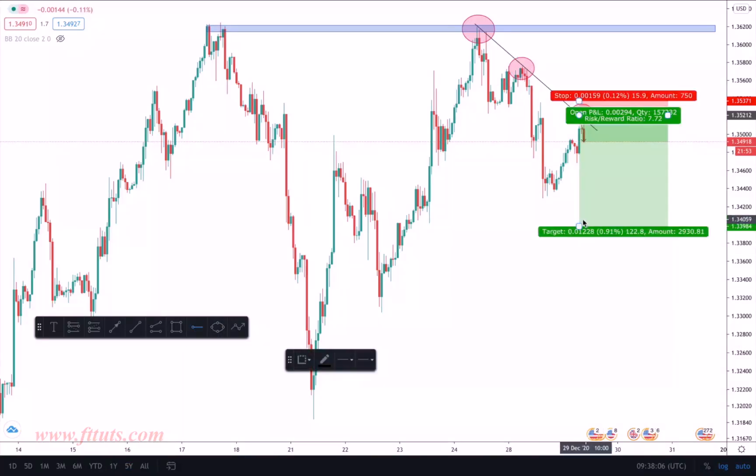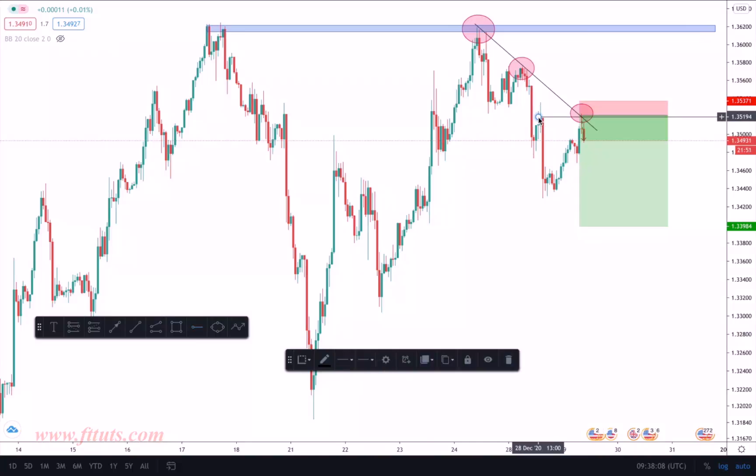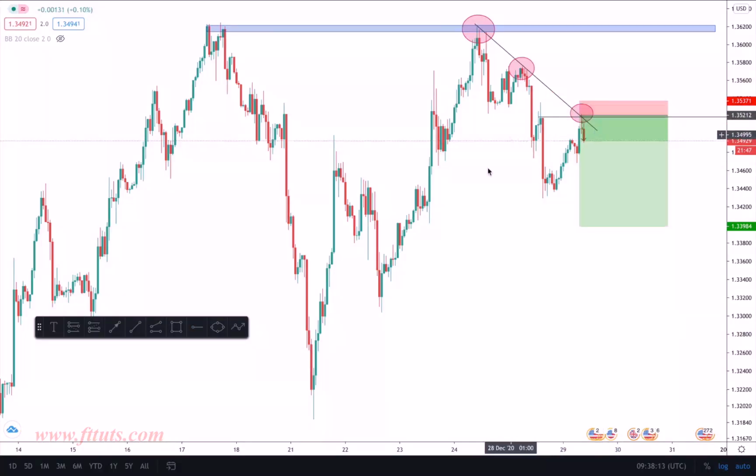Two confirmations at that zone: you've got a support, a resistance, and at this point you've got a resistance and your trend line resistance as well. So the price could literally drop. We can see the price dropped and created a new low. That's the possibility of what could happen.